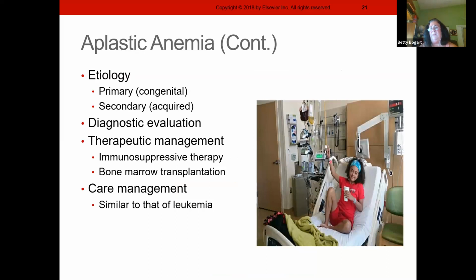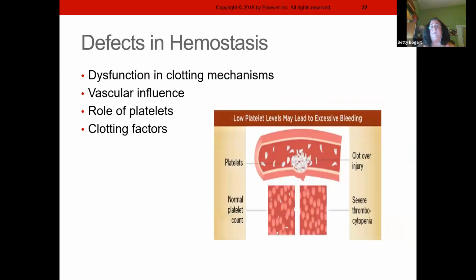So one of the things that we do with this is we treat it almost like it is a leukemia. We'll do immunosuppressive therapies to stop these cells, to try to help these cells perform the way they should. Again, bone marrow's tried for it. And it is a long haul unless we do the bone marrow and it works. So these are another type of sick kids.